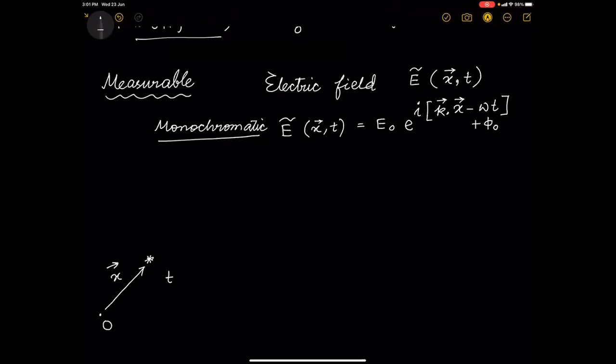If I have done one measurement, I have absolute idea of what the electric field will be anywhere else at any other time, because I have written this electric field in terms of this function. So one measurement will let me know what that phi 0 is, and then I can exactly predict what the electric field will be at any other point at any other time.